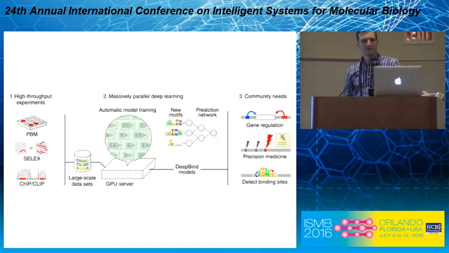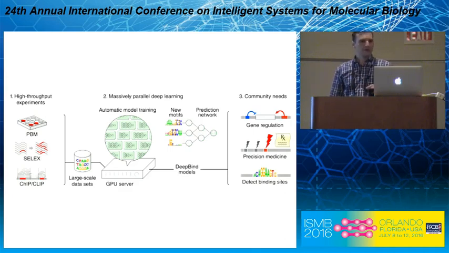So after the previous two talks, I think DeepBind doesn't need that much introduction anymore. But just to recap, it's a machine learning model, and the inputs are sequences. You train it to predict a particular protein, and the output is a binding specificity of that protein to that sequence.